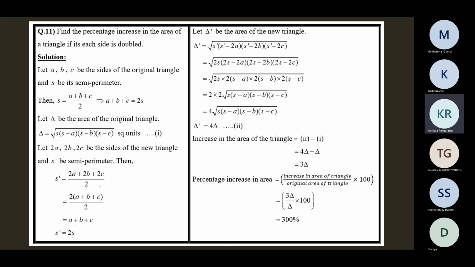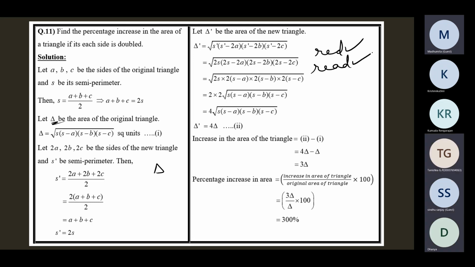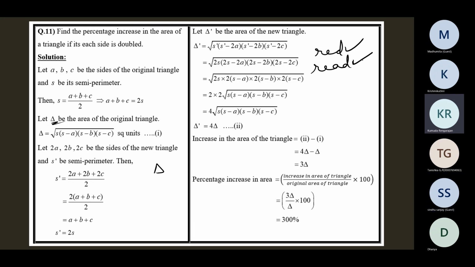It's actually triangle, but it is situational. Now, how do you read this? Read this and this. Read. Also read. Red.